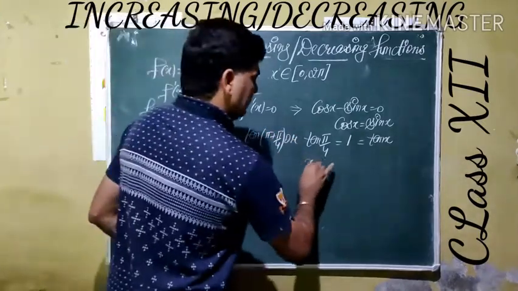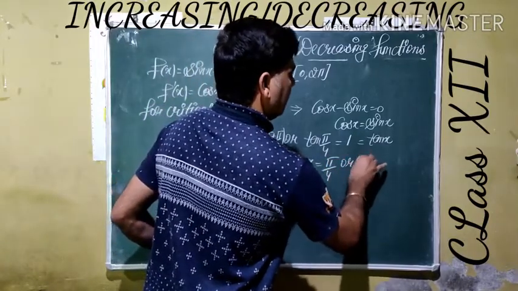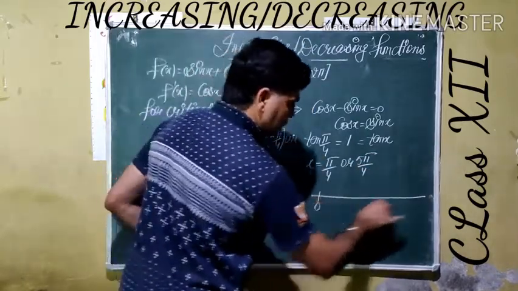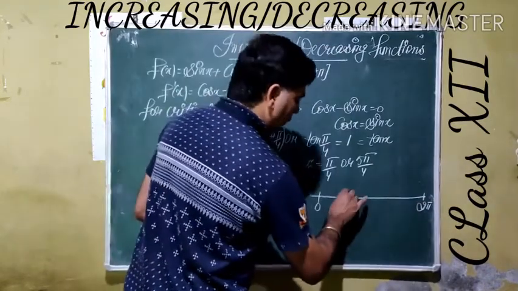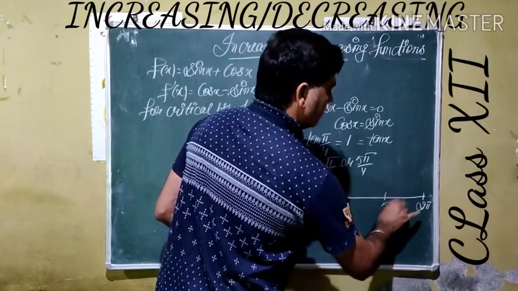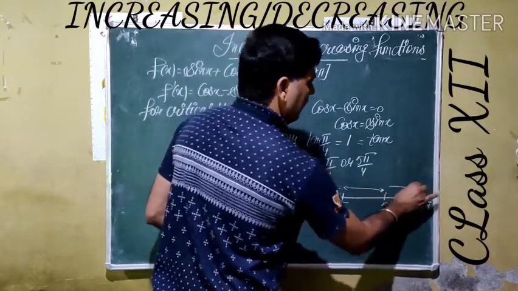So the value of x becomes pi by 4, otherwise 5 pi by 4. If you see on the number line, starting from 0 to 2 pi, that is 360, with pi by 4 and 5 pi by 4, there are three intervals: 1, 2 and 3.